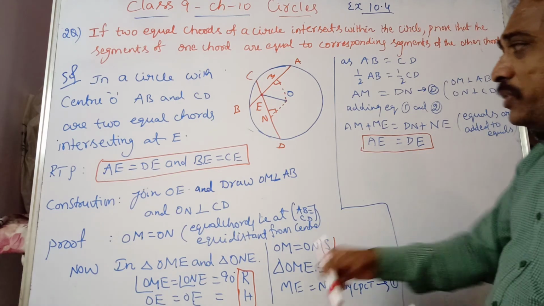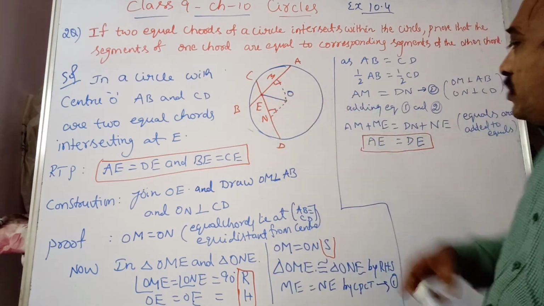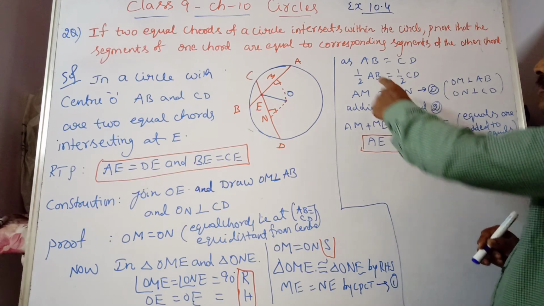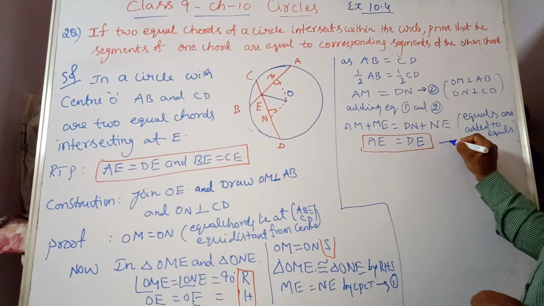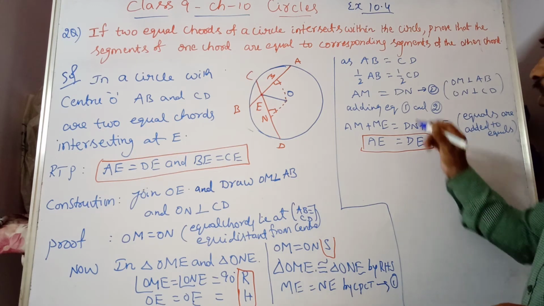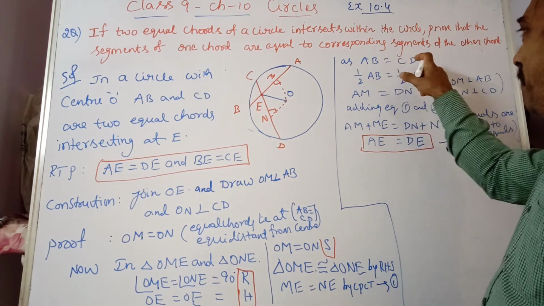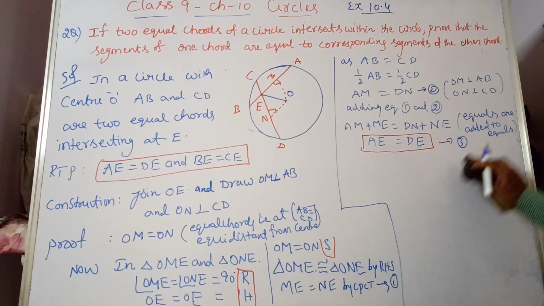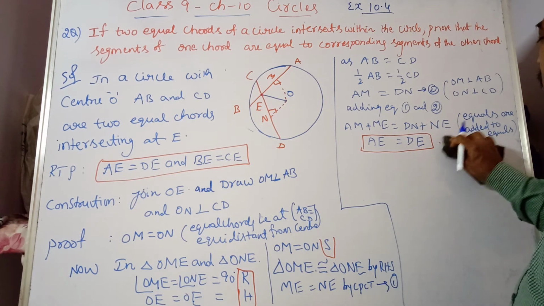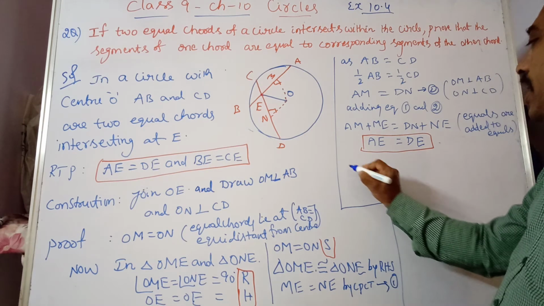Now what we have to prove? Even BE is equal to CE. So from AB is equal to CD, subtract this. So AB is equal to CD, subtracting this one. Now observe it.